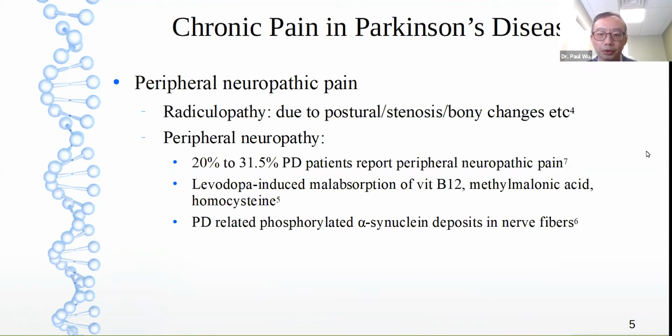That can be due to malabsorption of vitamin B12, secondary to levodopa-induced malabsorption, as well as homocysteine and methylmalonic acid deficiency. Additionally, peripheral neuropathy in PD patients can also be due to abnormal alpha-synuclein deposits in the nerve fibers.